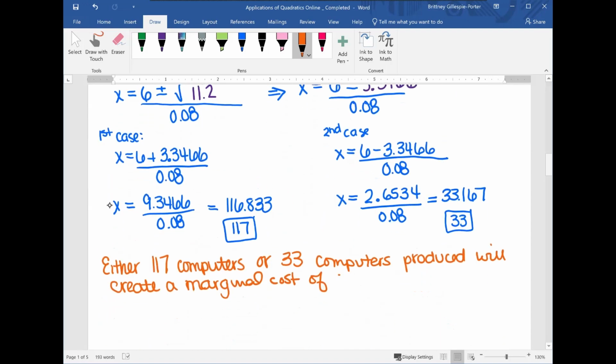And your sentence could be different, okay? It could be something along the lines of 33 computers and 117 computers give a marginal cost of $6.45, something along those lines.